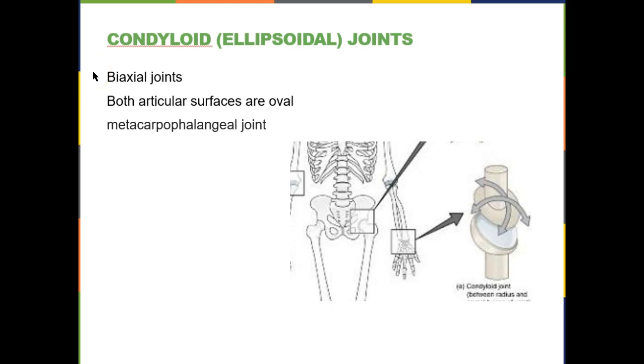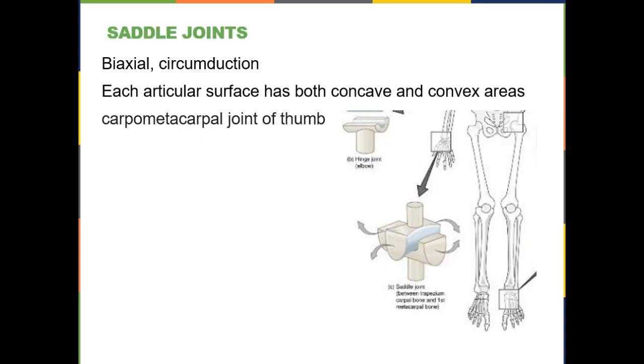So again, condyloid joints, oval in shape, allow for biaxial angular movement, and these are the joints between your finger phalangeal bone and your palm metacarpal bone. So the phalangeal metacarpal junction. And one of these days I should just get better images.